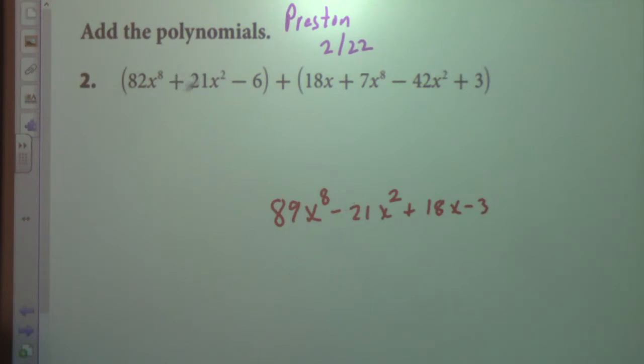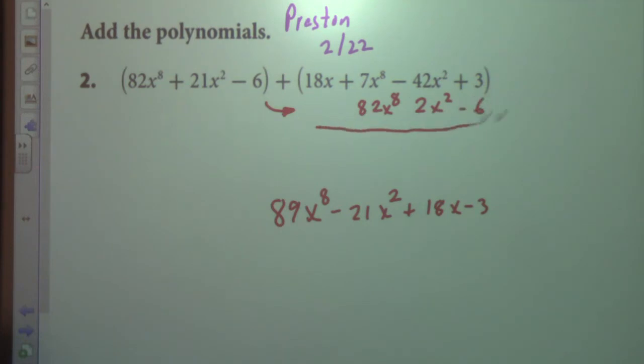Let's go ahead. We have the 8th power here. Since this one is smaller, I'm going to stack this one underneath here. So this is going to be 82x to the 8th power, and then 21x squared will go here, then minus 6 will go here.